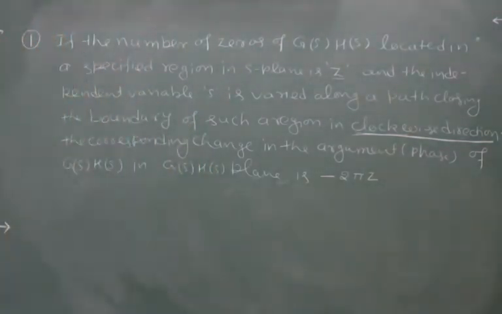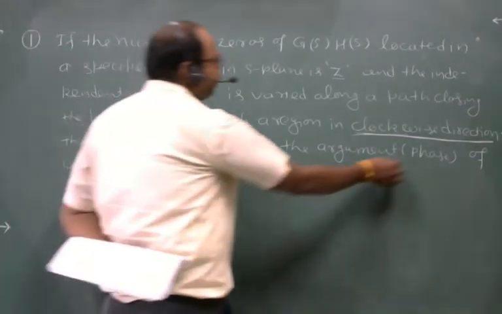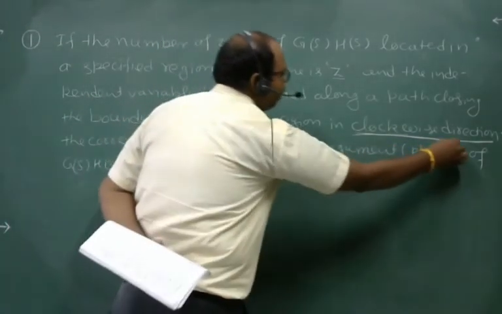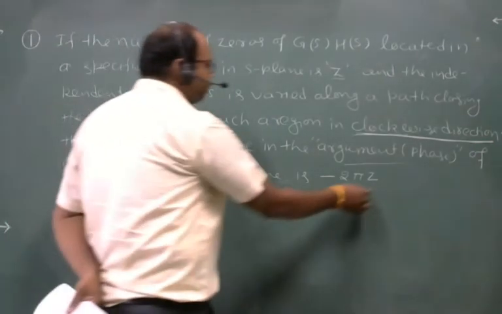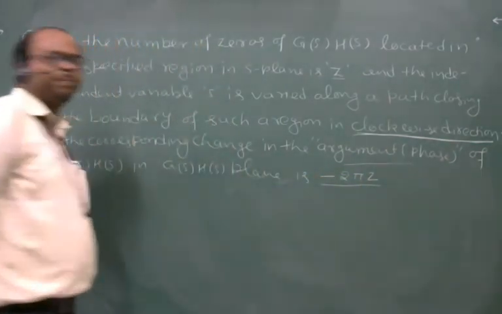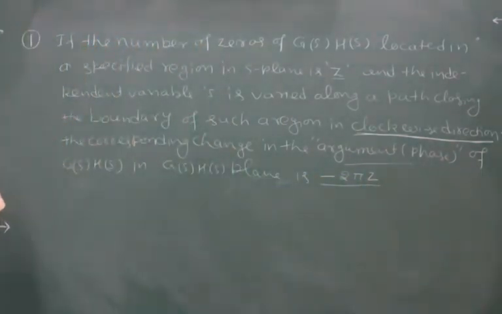So the corresponding change in the argument or phase of G(s)H(s) in the G(s)H(s) plane is minus 2 pi Z. Right?